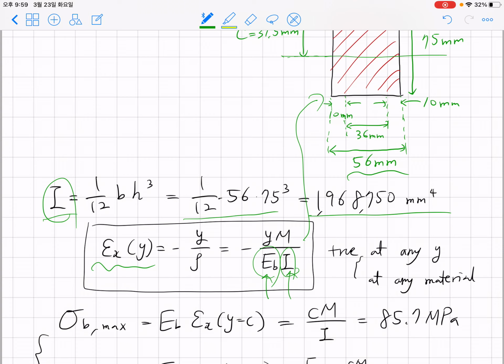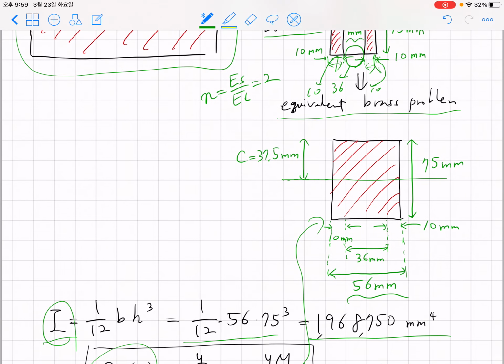Anyway, you're going to find that the denominator will be the same and the strain will be the same. So regardless of which material you use as the reference material, you're going to get the same answer on strain. It is true at any y, any position, and any material location.